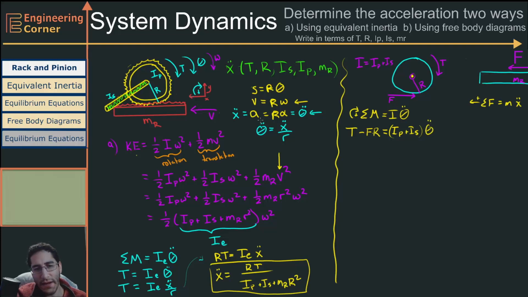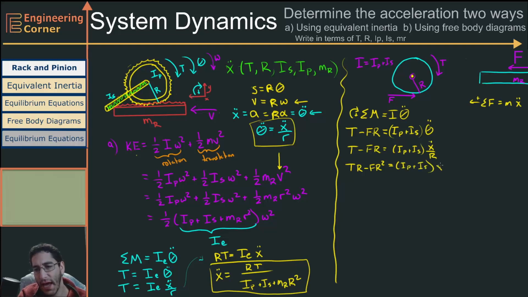We have the same relationship between angular acceleration and our acceleration. So we can say this is T minus FR is equal to IP plus IS times our acceleration over R. Multiply R across, so we get TR minus FR squared is going to be equal to IP plus IS x double dot.